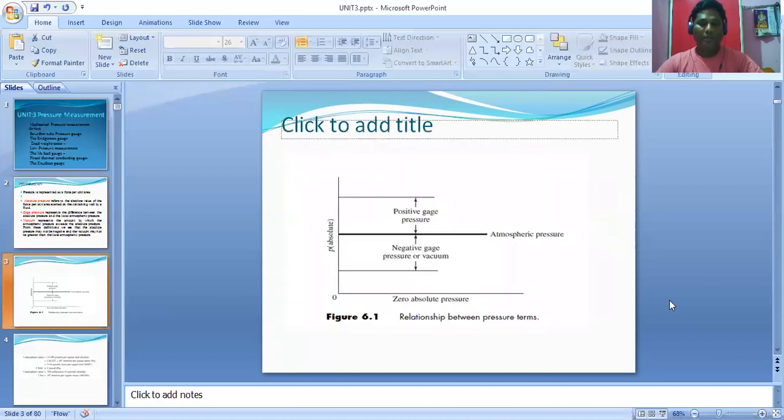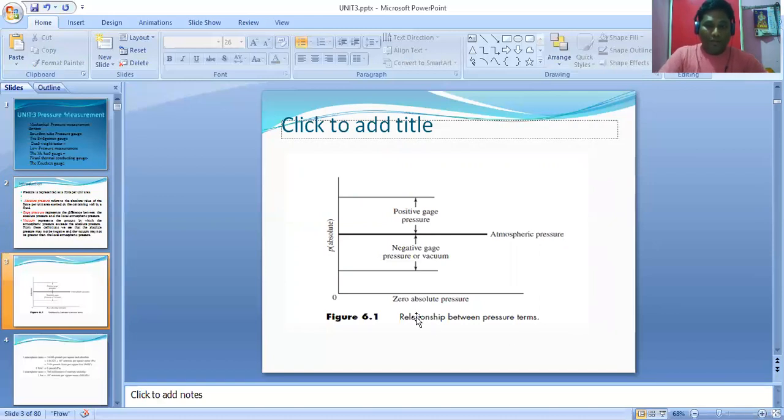The three terms are represented in graphical form to show their relationship. Let us consider this diagram. This diagram shows the relationship between the pressure terms: absolute pressure, gauge pressure, and vacuum.